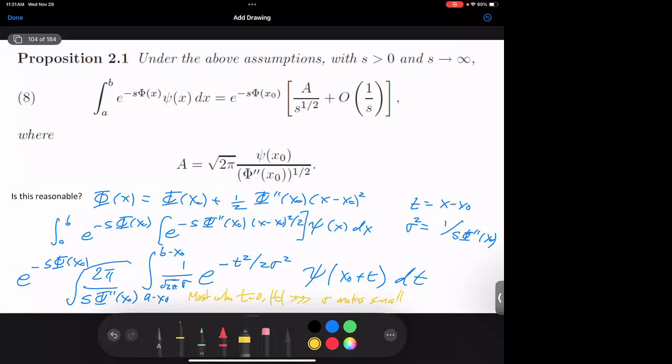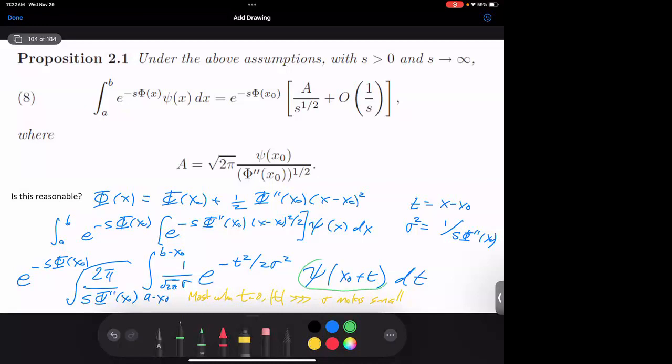Well, sigma is of size 1 over the square root of s up to a constant, right? So when I'm looking at this, since t really can't be much more than 1 over square root of s, okay, c is a fixed function. I'm moving an extremely small distance from x naught. This is approximately going to be x naught.